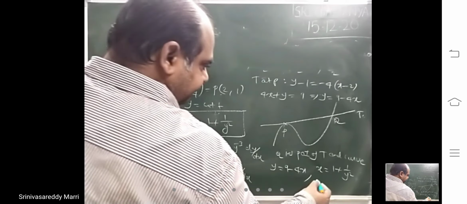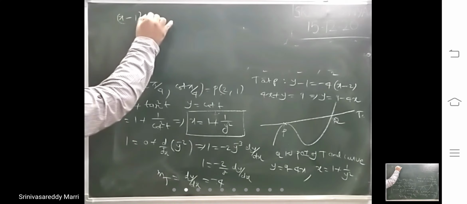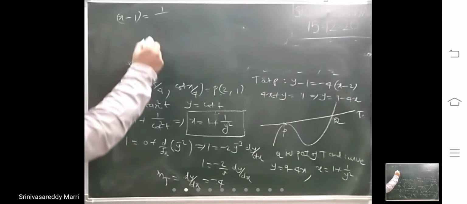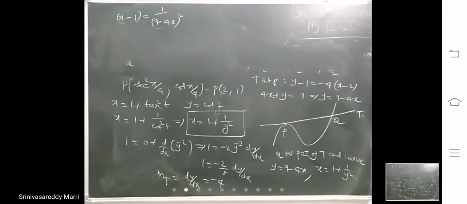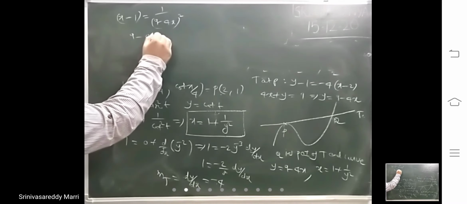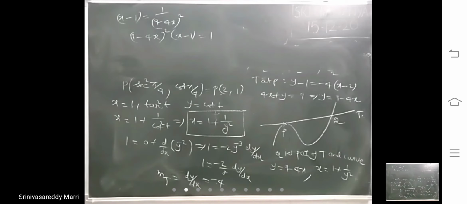So look, I am substituting y. x minus 1 equal to 1 divided by y square, which is 1 by (9 minus 4x) whole square. So if you solve this, (9 minus 4x) whole square into (x minus 1) equal to 1.